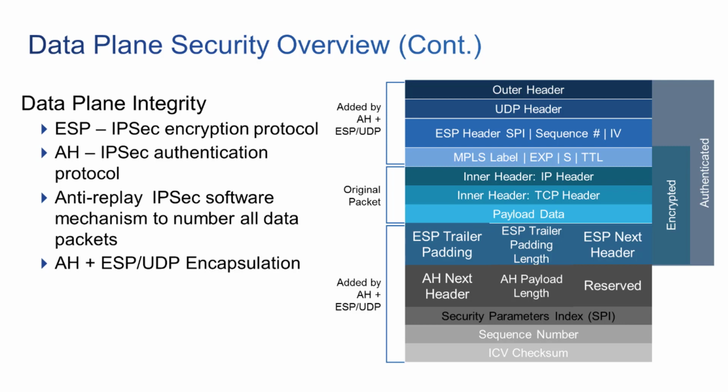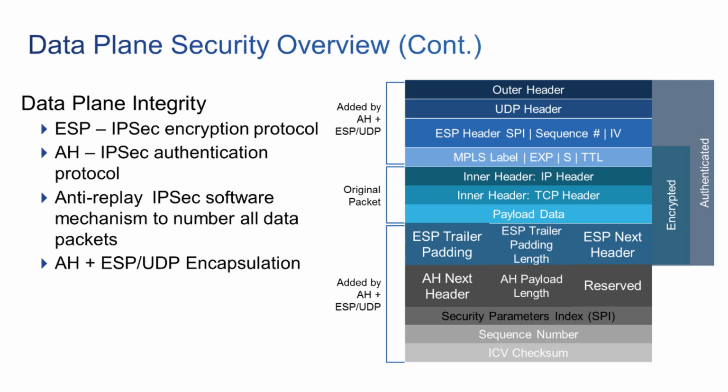I mean, there is a bullet point, anti-replay protection. This is also part of the standard IPSec software suite. It provides a mechanism to number all the data packets to make sure that the receiving router accepts only the packets that have valid, unique numbers. And we'll talk more about how those numbers are calculated in a little bit.